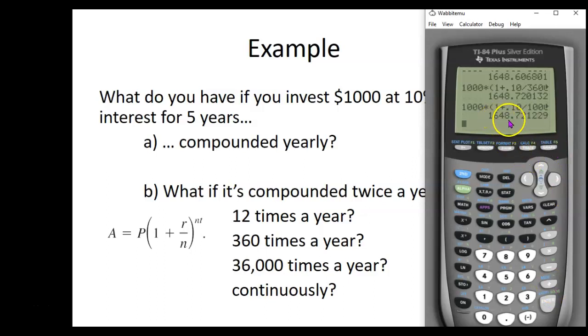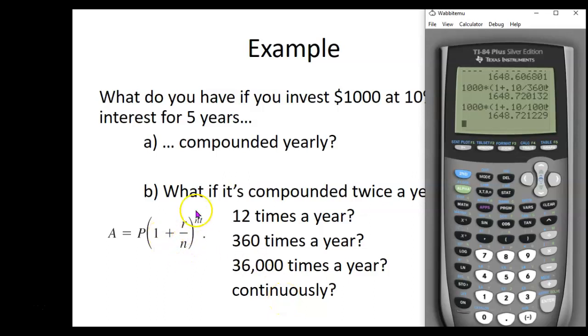I get 1648.721229. Not much bigger than what I got when I put in 36,000. So as the n gets bigger and bigger, the values you get out of this formula just get closer and closer to some particular number. And so that sort of limit is what we call compounding continuously.